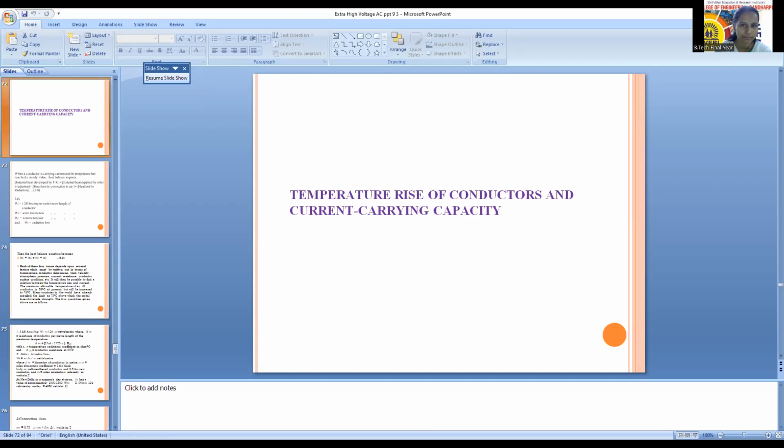By putting these notations into equation 3.8, we get the heat balance equation: Wi plus Ws is equal to Wc plus Wr.